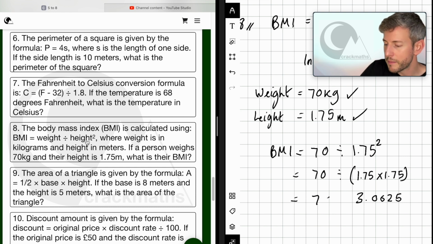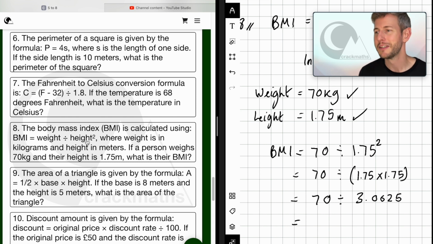So then the BMI is 70 divided by 3.0625. So I can now do that on my calculator as well. I'll hold my calculator up so it's visible now. It wasn't visible earlier. So we've got here 70 divided by 3.0625.